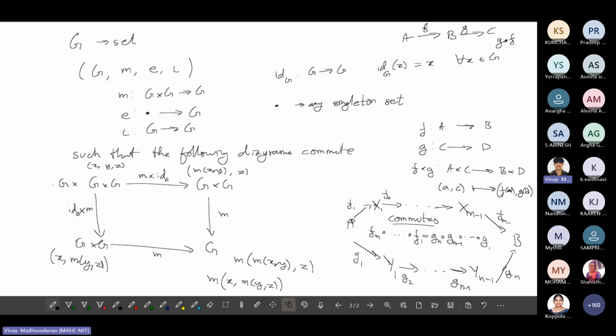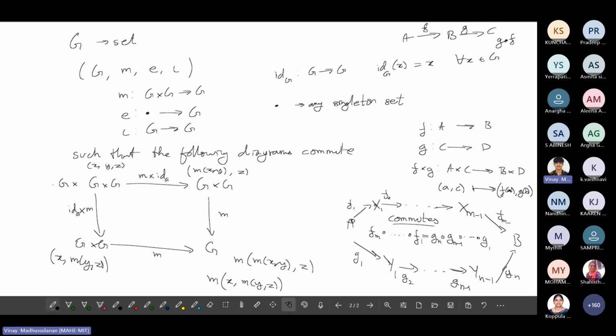Okay. So here, when we say that this diagram commutes, ultimately what does that mean in terms of elements? That M after M cross ID must be equal to M after ID cross M. In terms of elements, when you take an arbitrary element here and apply this composition to it, what we get is exactly M of xy comma z.